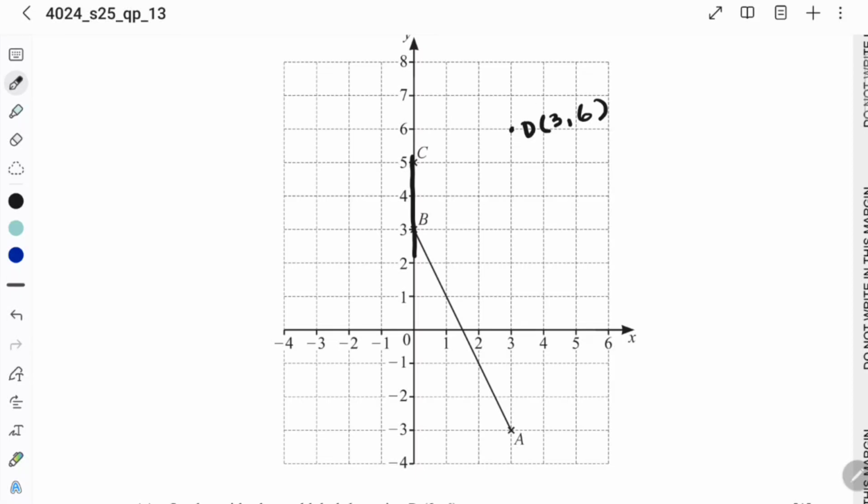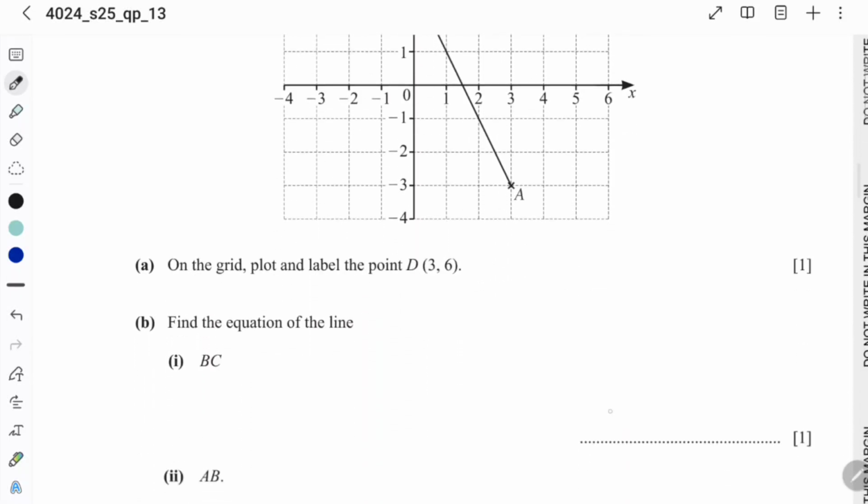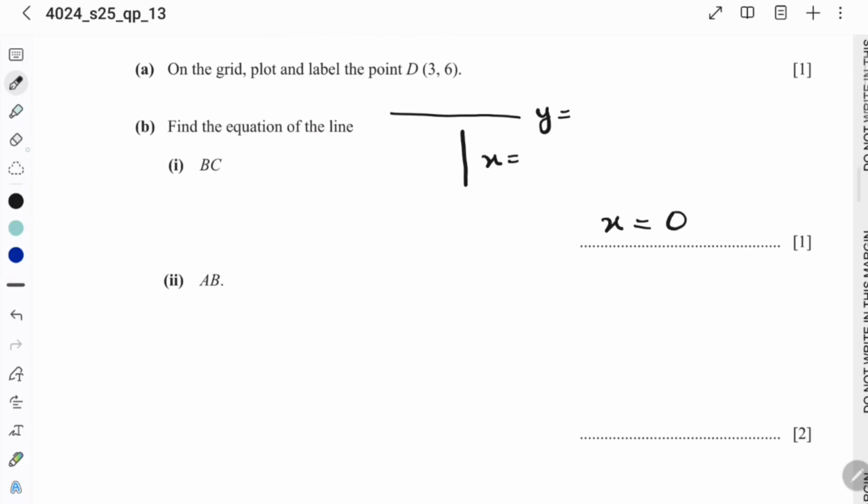So every vertical line is x is equal to something, and it is passing through the origin, so that is x is equal to 0. Remember, if the line is horizontal, then it is y is equal to wherever it is passing through, and if the line is vertical, then it is x is equal to. In every horizontal line the gradient is 0, and in every vertical line the gradient is not defined.